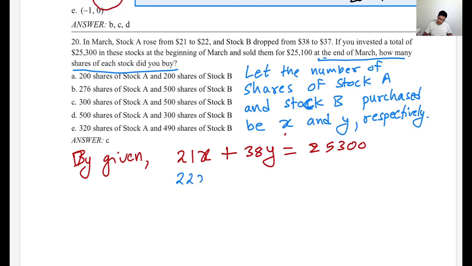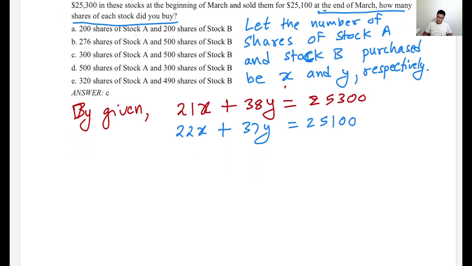It will be 22x that you sold stock A for, and 37y, the total money from selling shares of stock B, and that fetched you $25,100. This is the system of equations here.